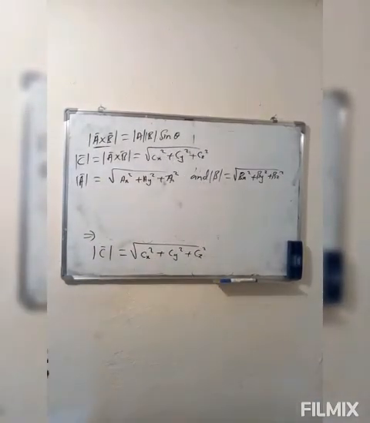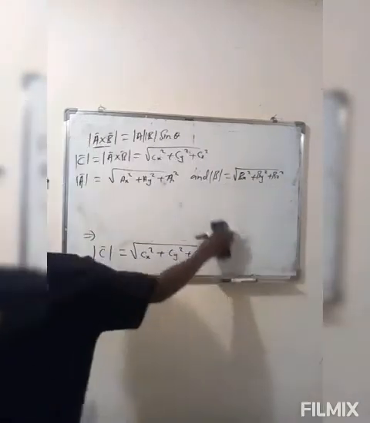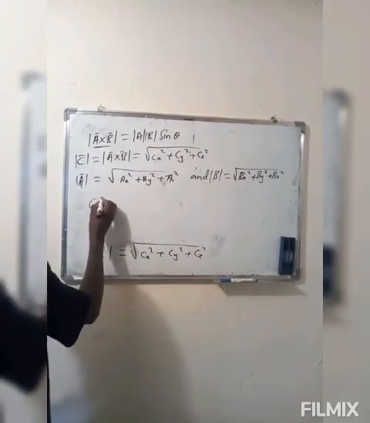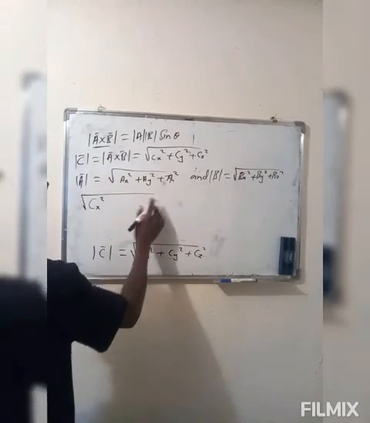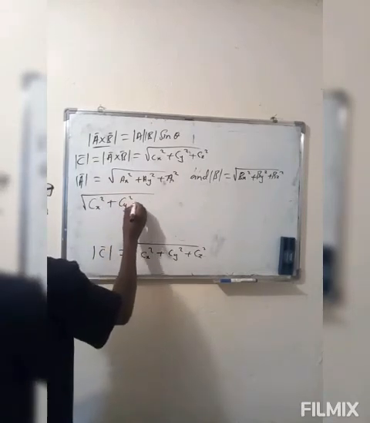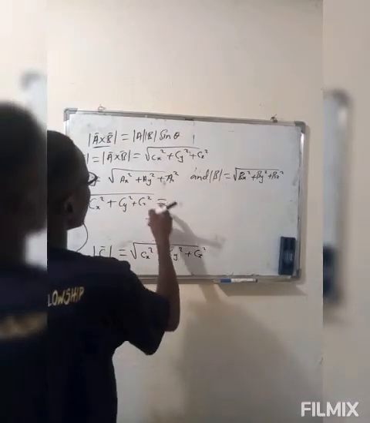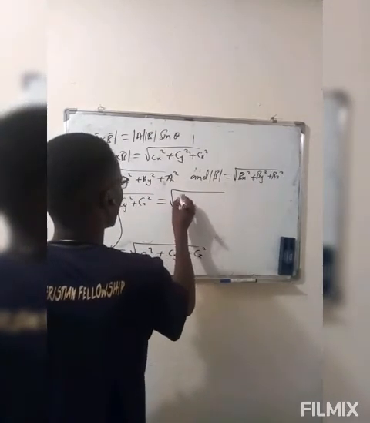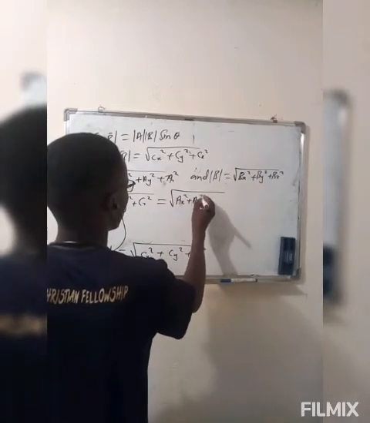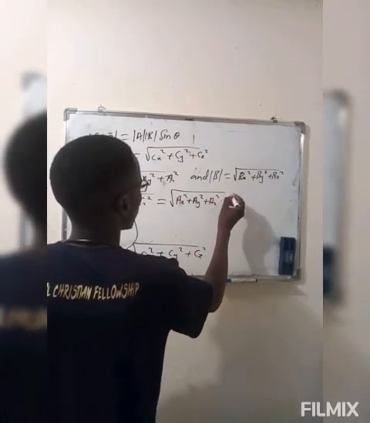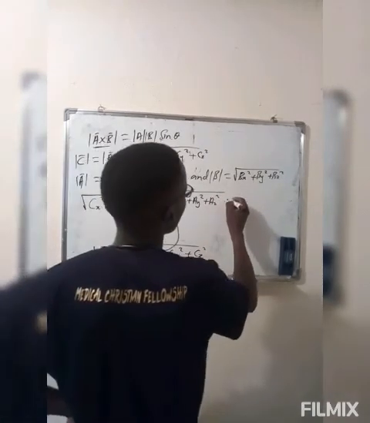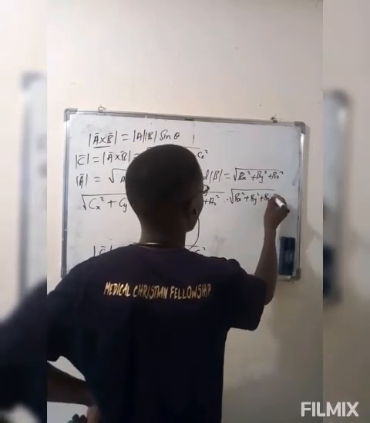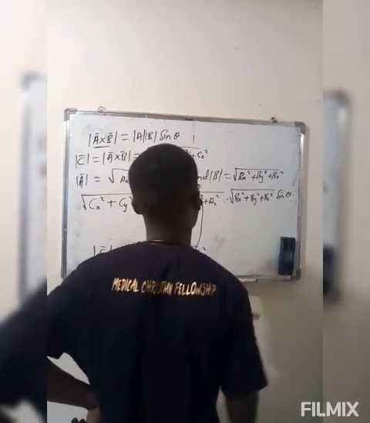Then we put them into that equation. So the root of Cx squared plus Cy squared plus Cz squared is equal to the root of ax squared plus ay squared plus az squared multiplied by the root of bx squared plus by squared plus bz squared, then sine theta.